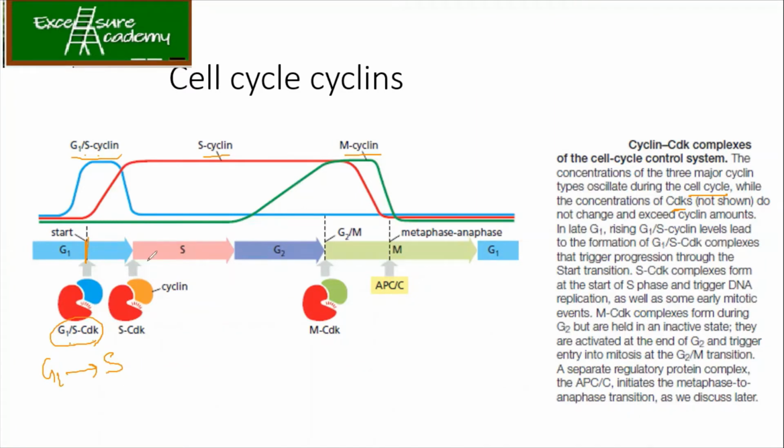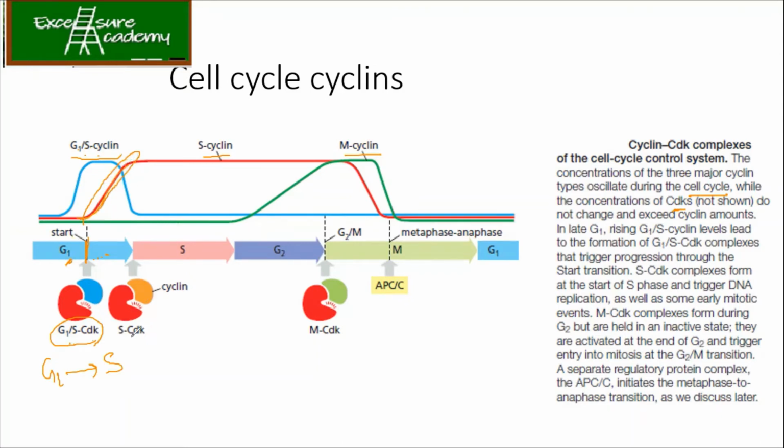Now, at the start, as you can see, from here your S cyclin has started to increase, which is at your G1 phase. Correct? G1 S cyclin is making sure that the cell enters the S phase. At that same time, in the middle of that, near G1, that is the start point, your S cyclin starts increasing.